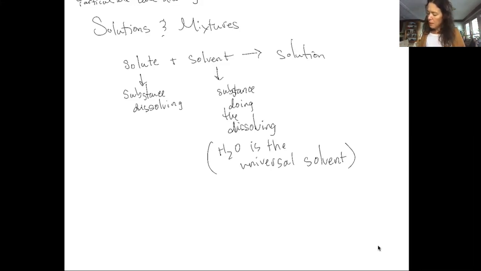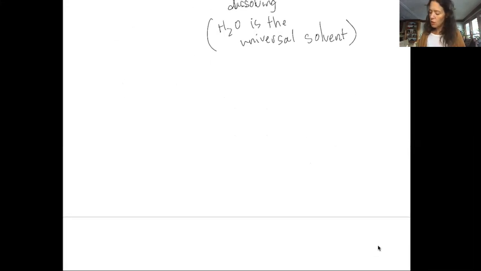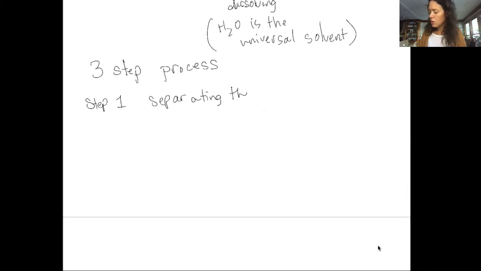Okay, now in the process of making a solution, it is this 3-step process. And this is going to sound weird, but we will see it again. We have step 1, and that is separating the solute, right?